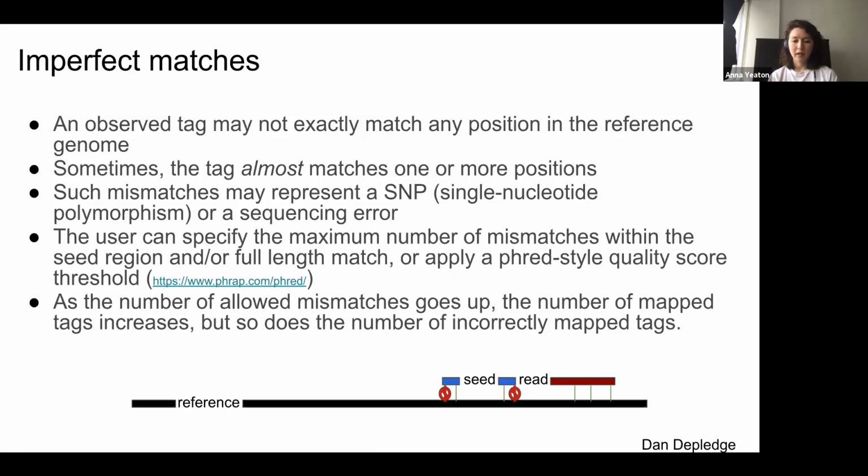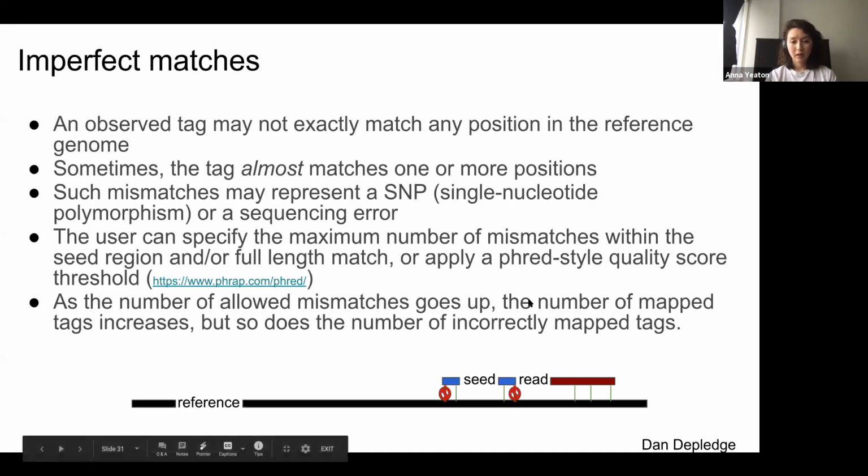So you can say you're allowed to have 2 mismatches and you can be aligned to this position, or you can increase the number of mismatches. However, as you increase the number of mismatches, the number of mapped regions increases, but so does the number of incorrectly mapped regions. So you have to balance those 2 forces.